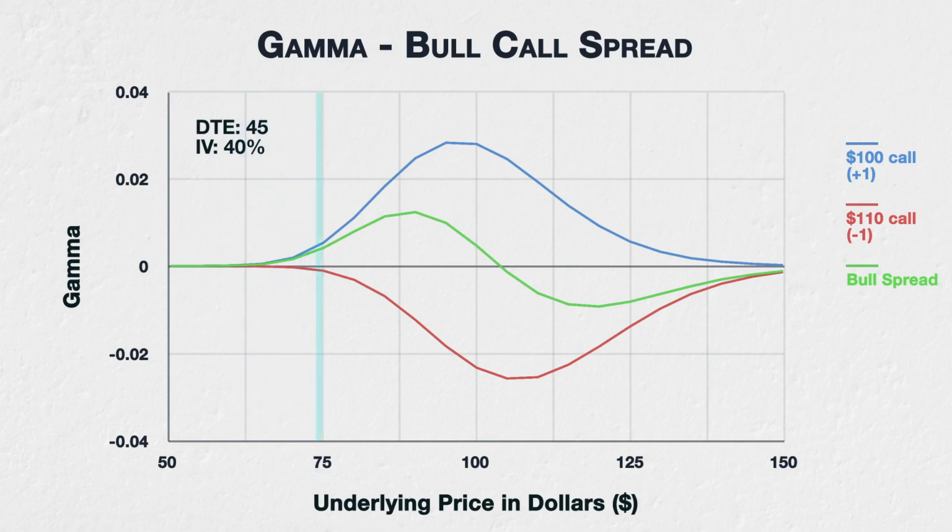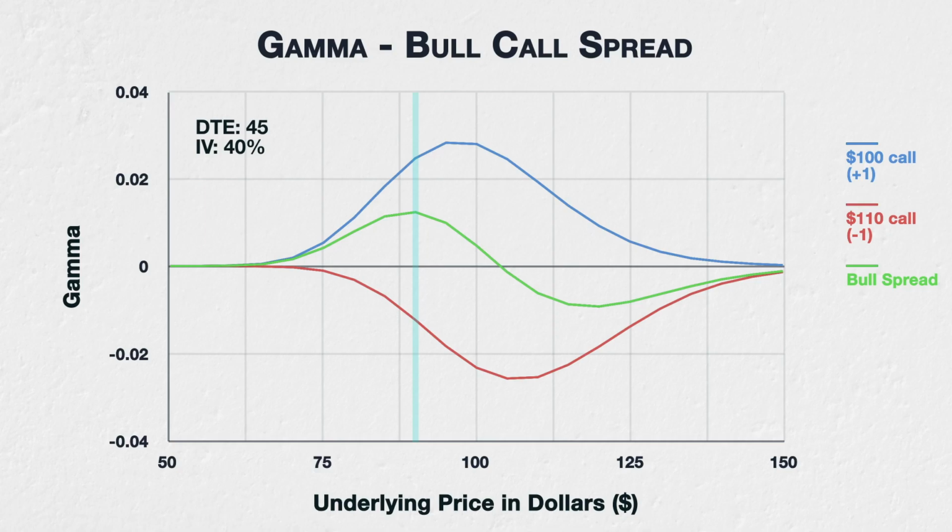Moving right to the $65 to $95 area, both options are still out of the money, but are closer to the money and therefore have picked up some gamma. The $100 strike is of course quite a bit closer, and so picks up more gamma sooner.